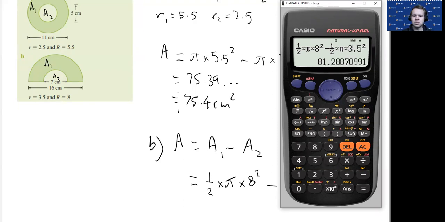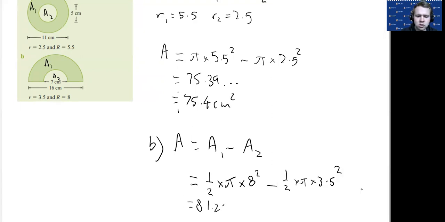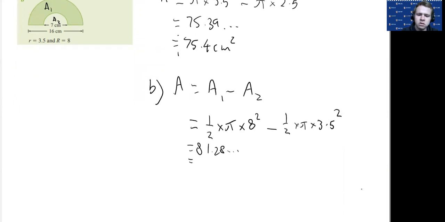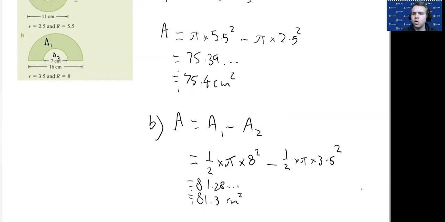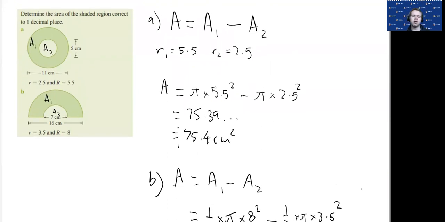Press equals, and we get 81.28, which rounds to 81.3 centimeters squared. So with composite shapes, we're bringing all these things together.